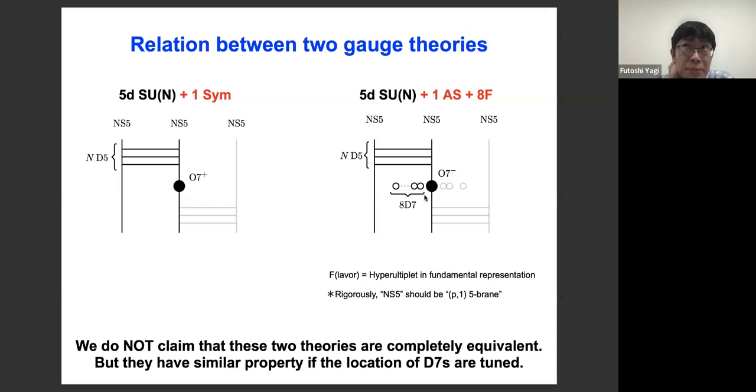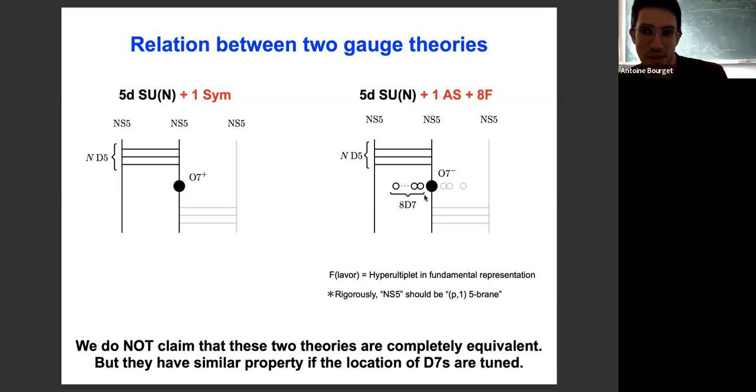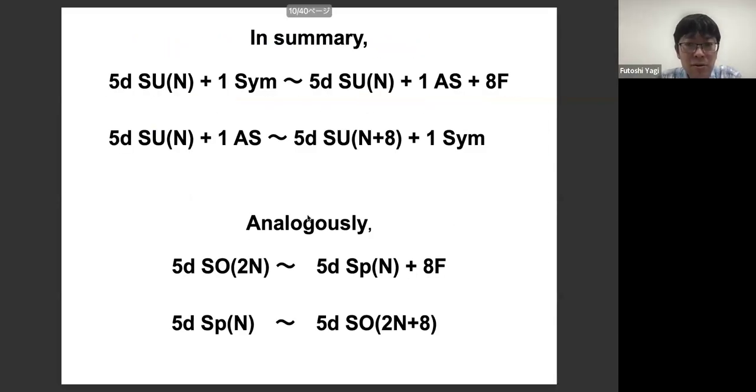Anyway, I'm optimistic about the first one. For the upper one, we tune the location of the 7 brane and then look at the remaining 5 brane. But for the lower one, we need to tune the color brane. If we ask about the magnetic quiver, we read it off from the phi brane.